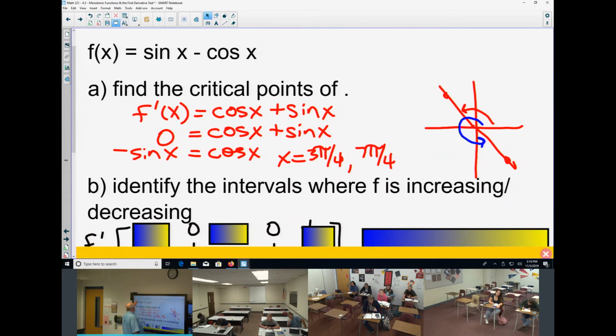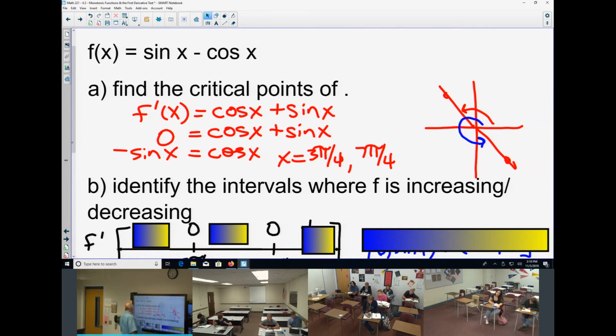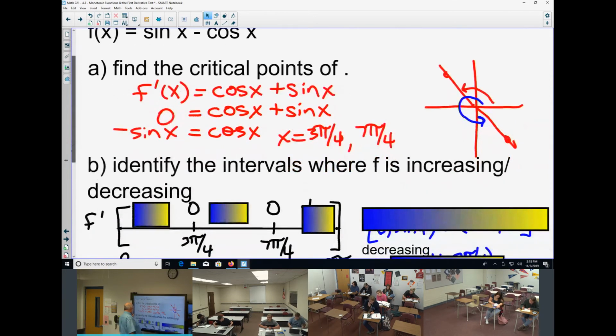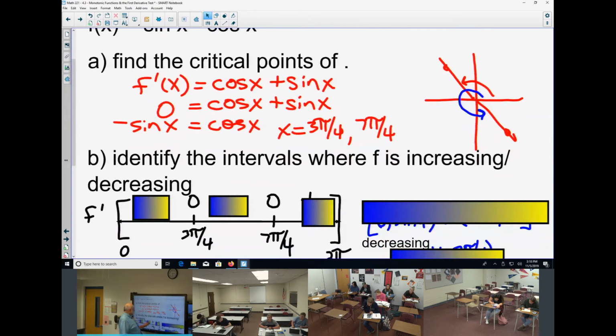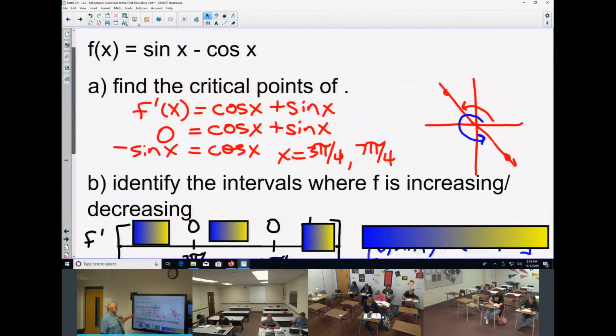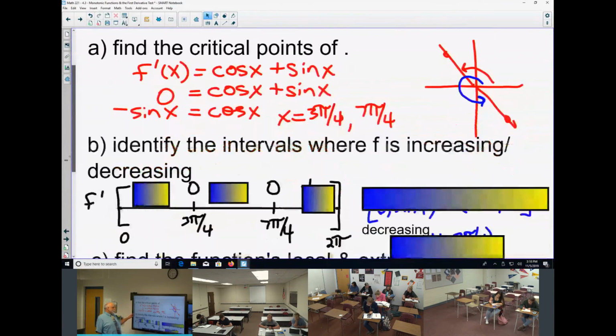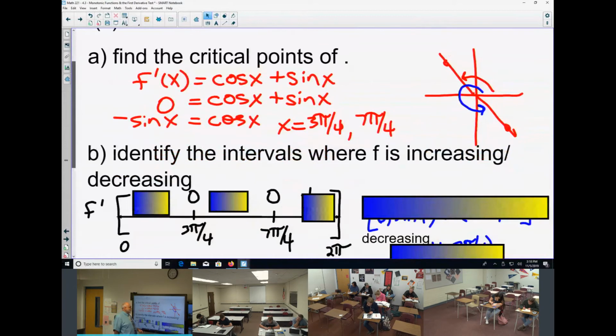All right, so you're going to have your sign chart with 3 pi fourths and 7 pi fourths. And we're just going from 0 to 2 pi. Does it say that somewhere? Yeah, 0 to 2 pi. So what we need to do is check values in each of these.